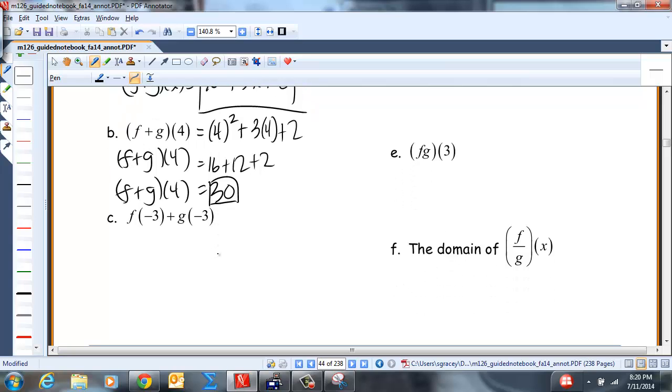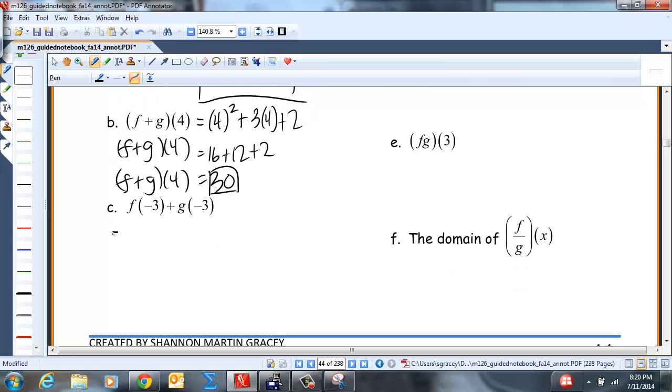Now, this one's a wee bit tricky. This is equivalent to what? Good, f plus g at -3.